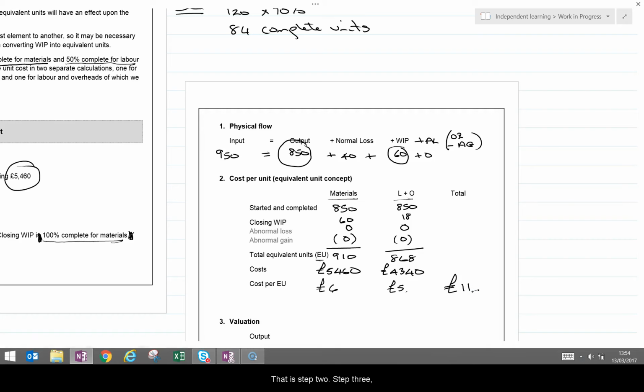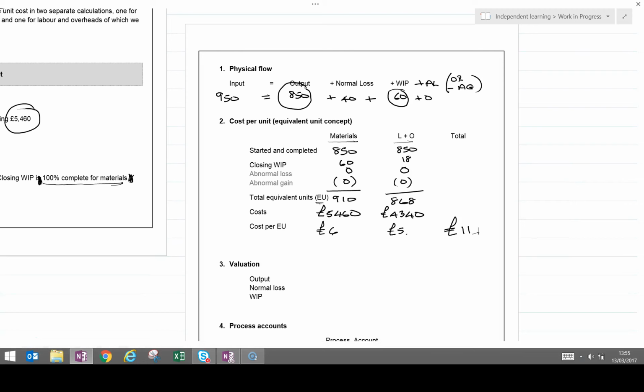So that is step 2. Step 3, as we did before, is to now value everything. So valuation of our output. We're going back to the physical flow. Our output, 850 units, cost per unit £11.